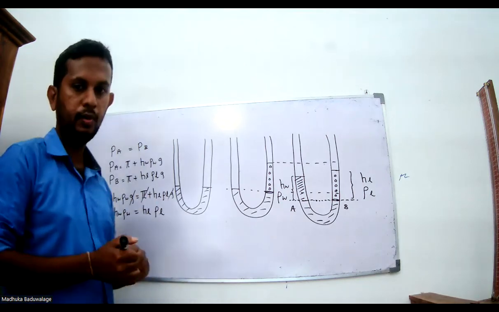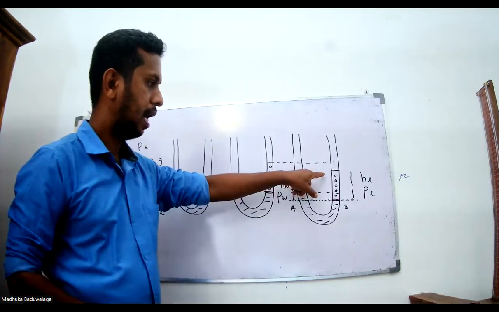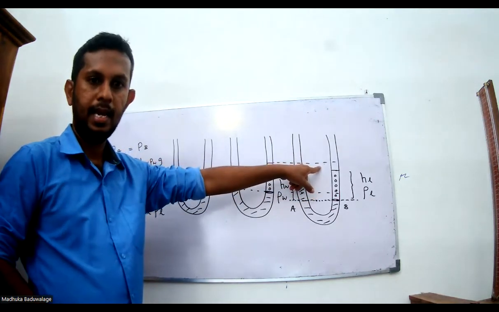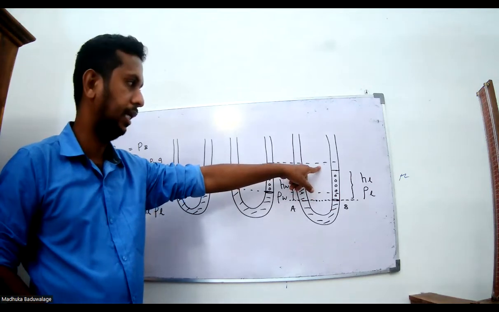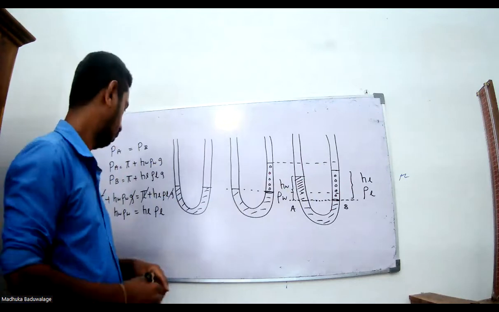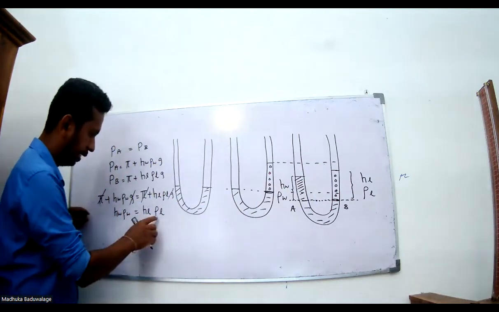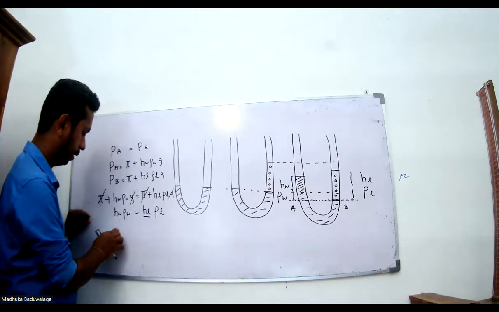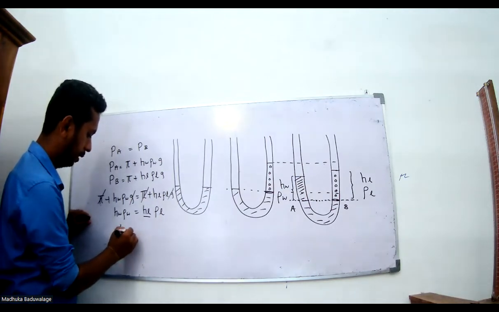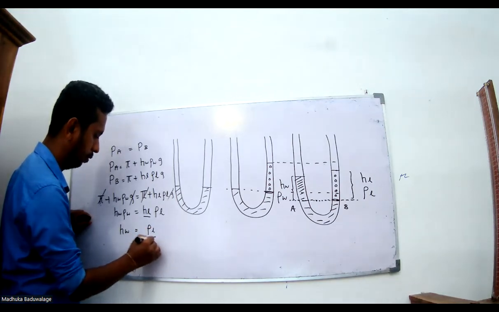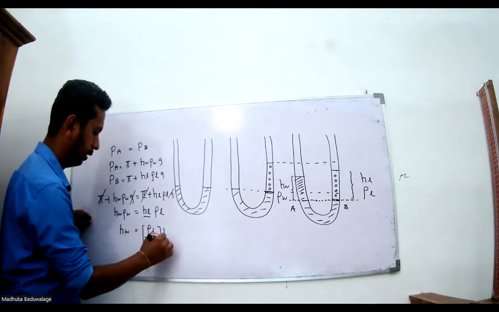Now what we are going to do is change the height of the liquid column and find out the relative balancing height of the water column. In this experiment, we are going to change the height of the liquid column, so I am going to keep HW as the subject. HW equals rho L over rho W into HL.